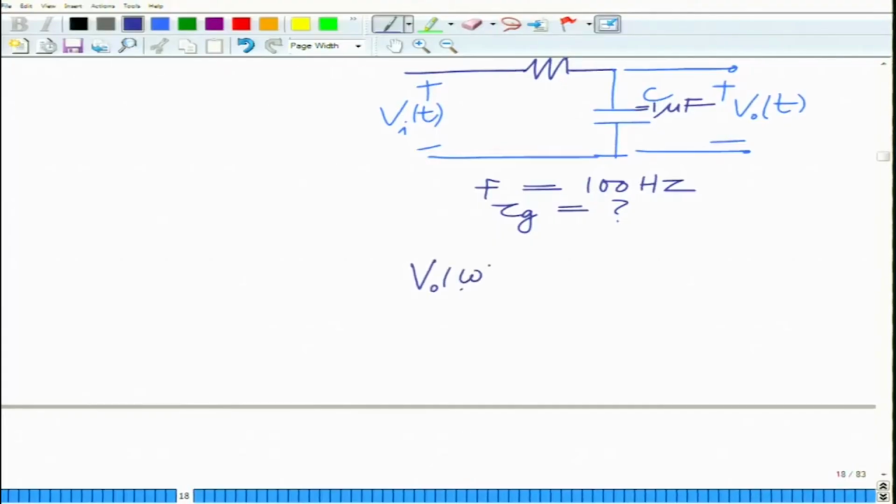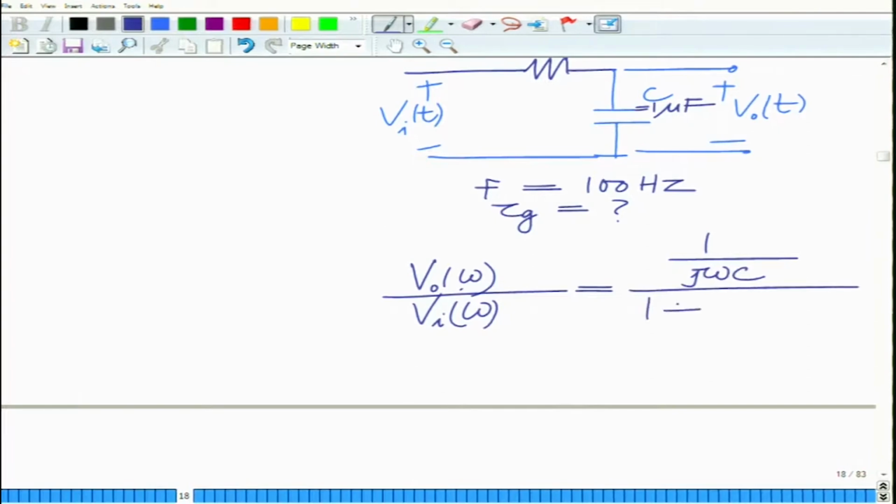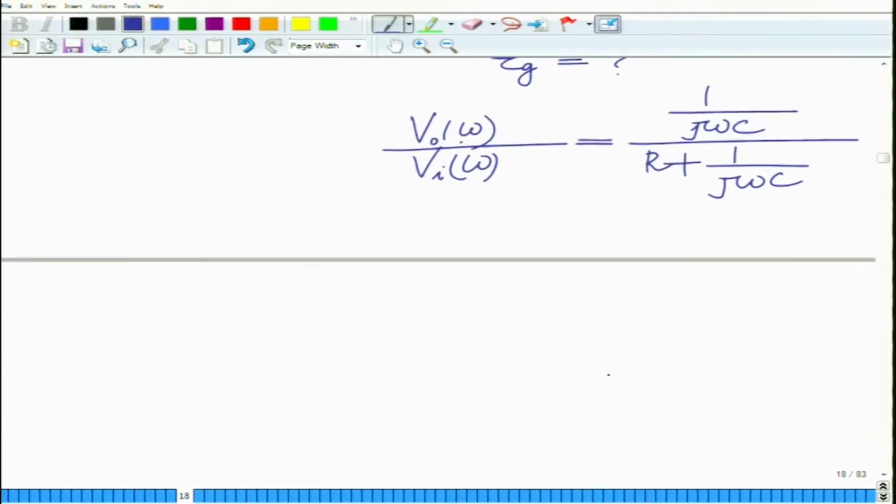Now, we know that the transfer function of this is simply the impedance of the capacitor, 1 over j omega C, divided by R plus 1 over j omega C, which is 1 over 1 plus j omega RC.